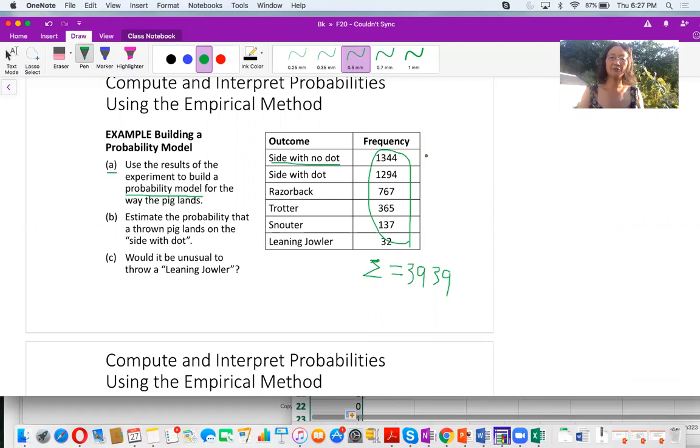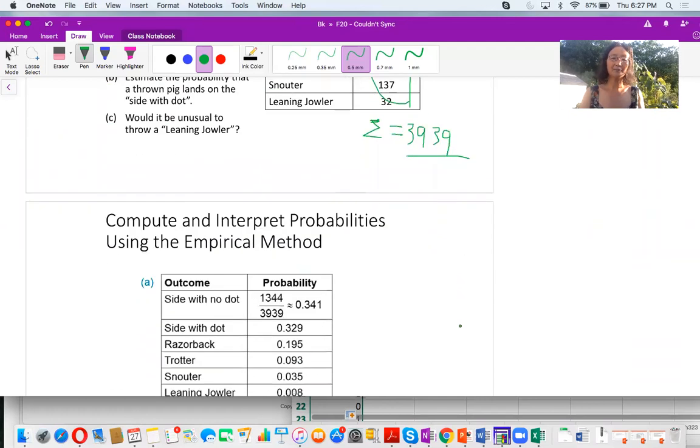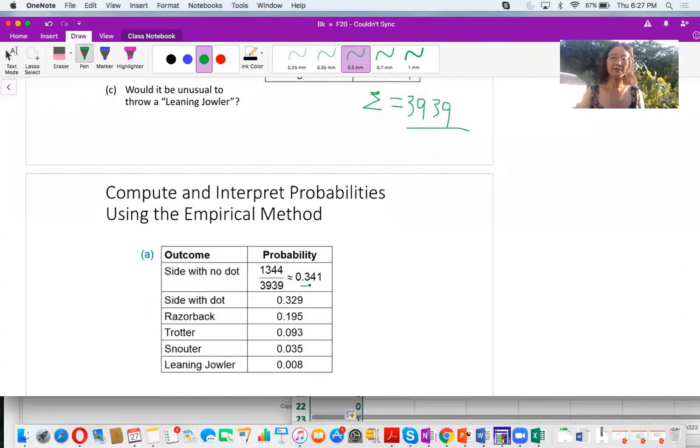And then we need to calculate the relative frequency of the first landing position, side with no dot. So use 1,344 divided by 3,939. You get 0.341. Similarly, you can get the probability for the side with dot, 0.329. How did you get this number?